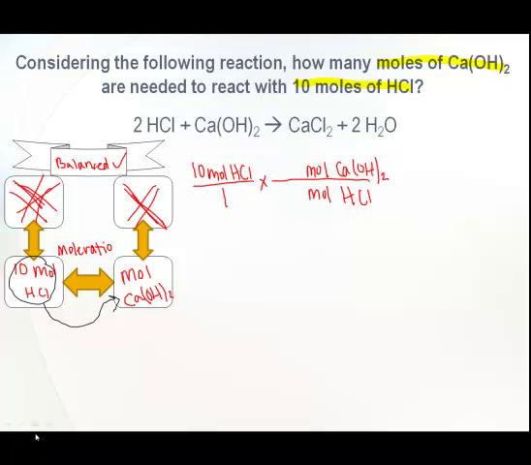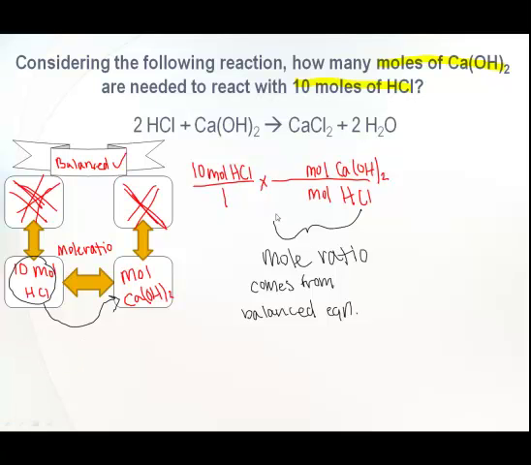All right, this thing that we have here, we call this the mole ratio. And the mole ratio comes from the balanced equation. So in this case, we're going to look at our balanced equation.